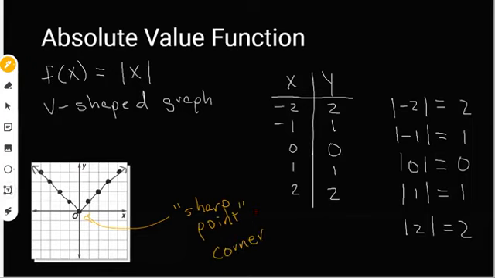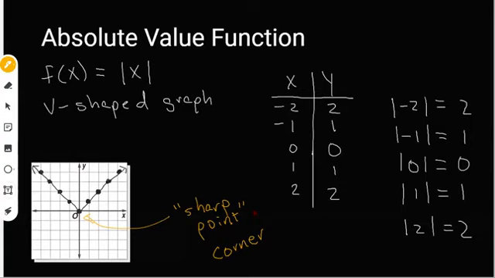It's a very sharp point where the two-sided derivatives don't match. Unlike in f of x equals x squared, where you have the general U shape, this is a V shape that has a corner to it. So that's one way that it's totally different than x squared. So that's the absolute value function.